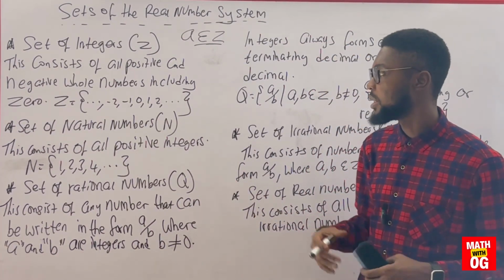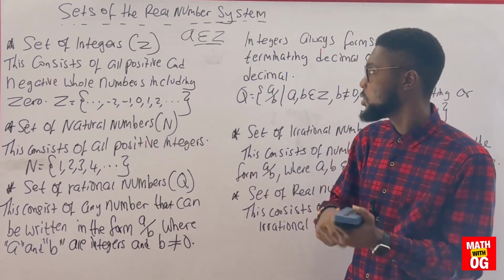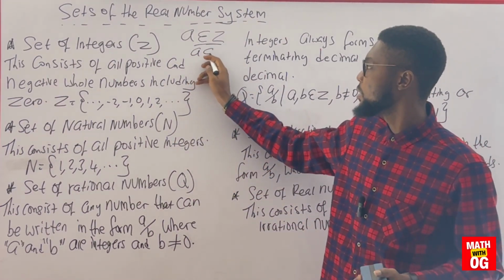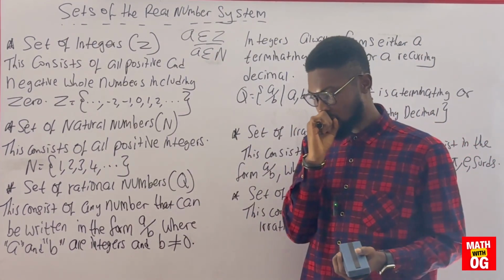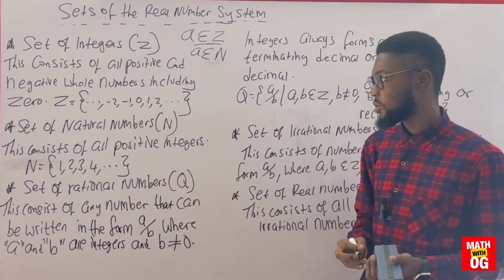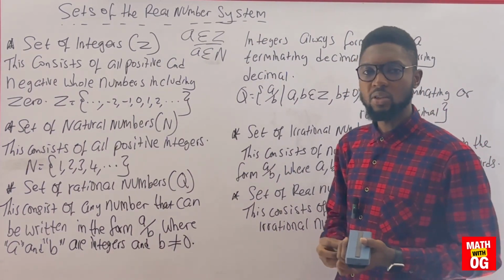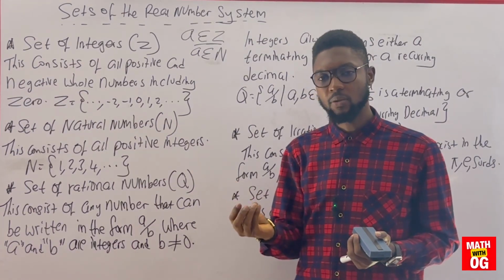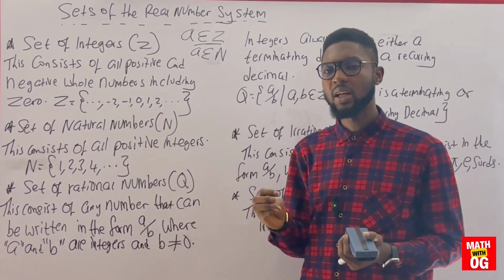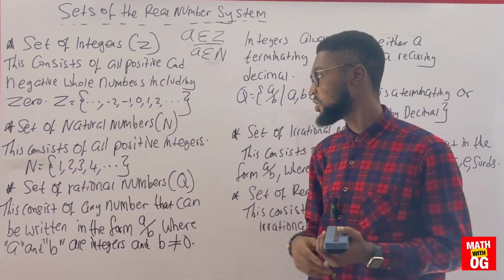Now the next is set of natural numbers. Natural numbers is denoted by N. So whenever you see a is an element of N, it means a is a natural number. Set of natural numbers consists of all positive integers. Now we just said integers are positive whole numbers, negative whole numbers, and zero. However, natural numbers are just positive integers.